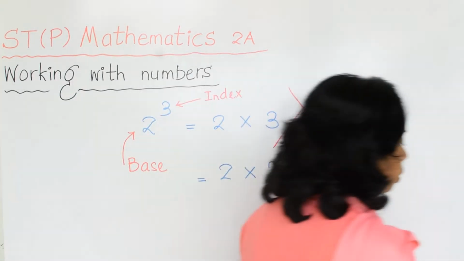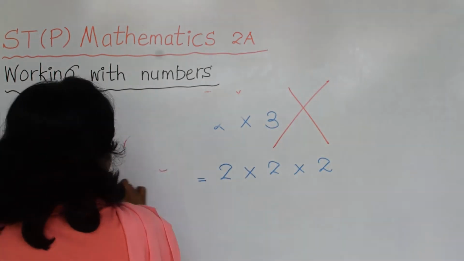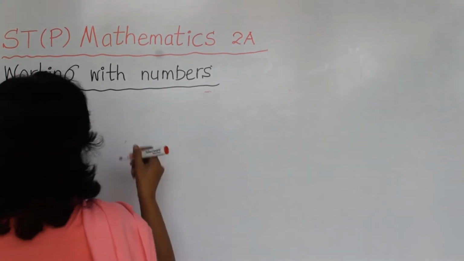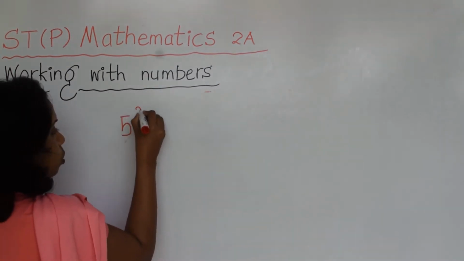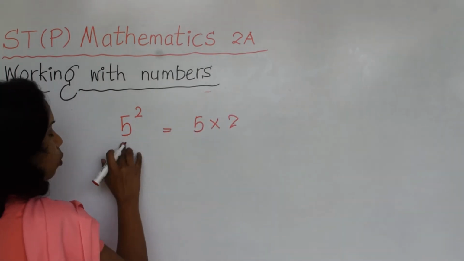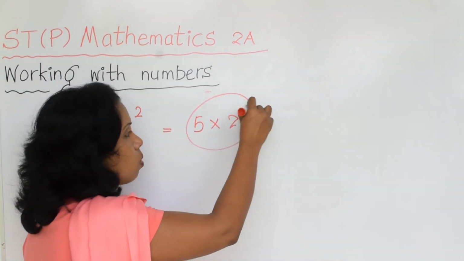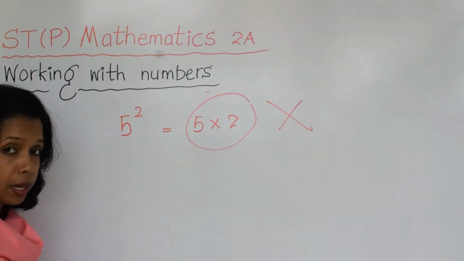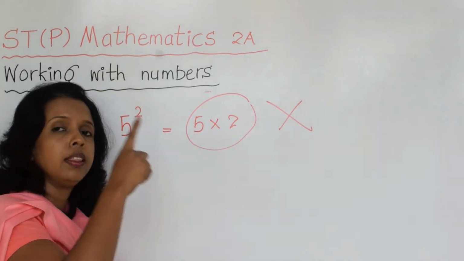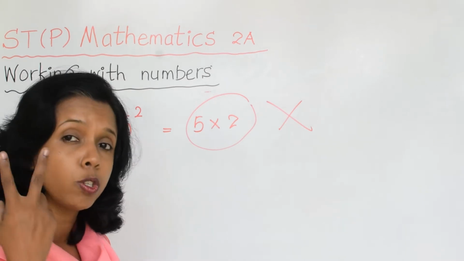Okay. So tell me, what does 5 to the power 2 mean? Does it mean 5 times 2? No, wrong. The base value is 5, the index value is 2. The index 2 tells me to multiply the base 5 2 times.